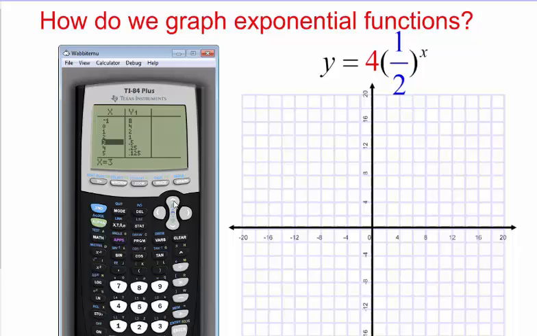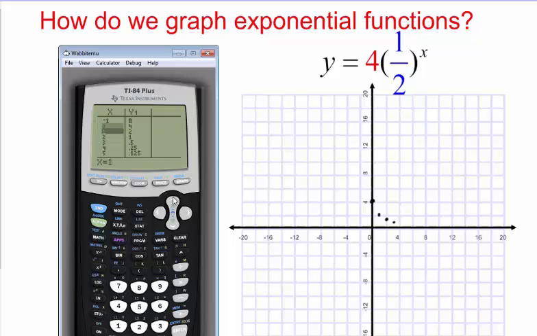So I'm going to go ahead and plot some of these points. So I've got 0, 4, I've got 1, 2, 2, 1, 3, 1/2. So it keeps getting smaller and smaller.